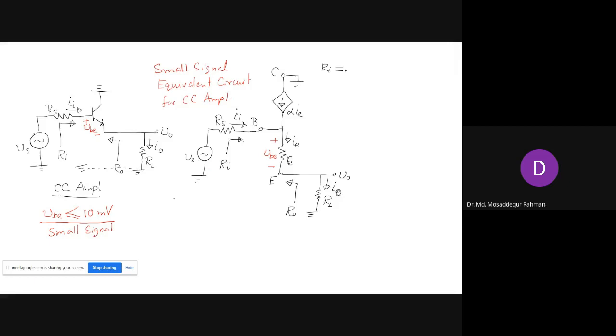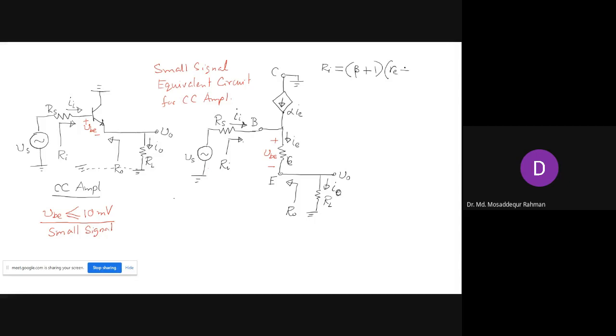Ri is the resistance looking from the base. Between base and emitter, we don't have any resistance on the base side, but on the emitter side, we have these two resistances, Re and RL, between the base point and the emitter point. These resistances will be reflected into the base, and they'll be multiplied by the factor beta plus 1.